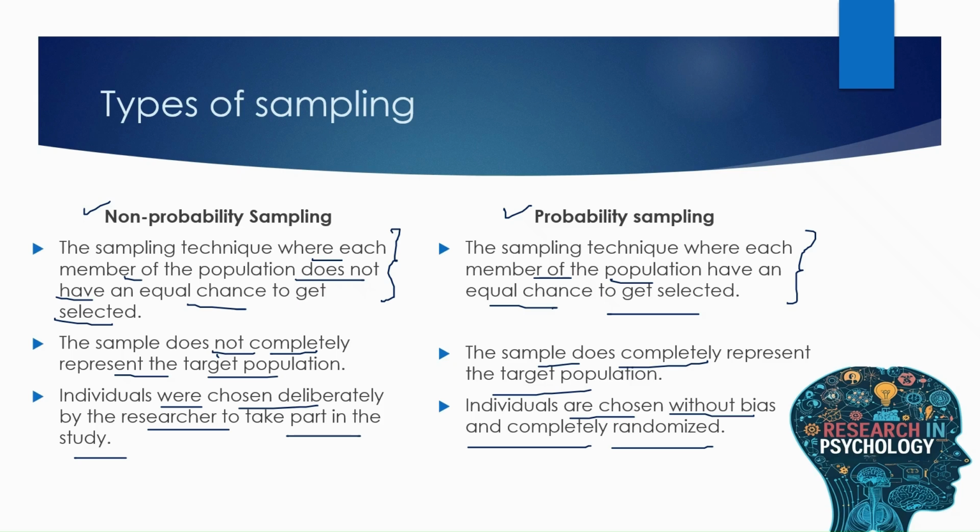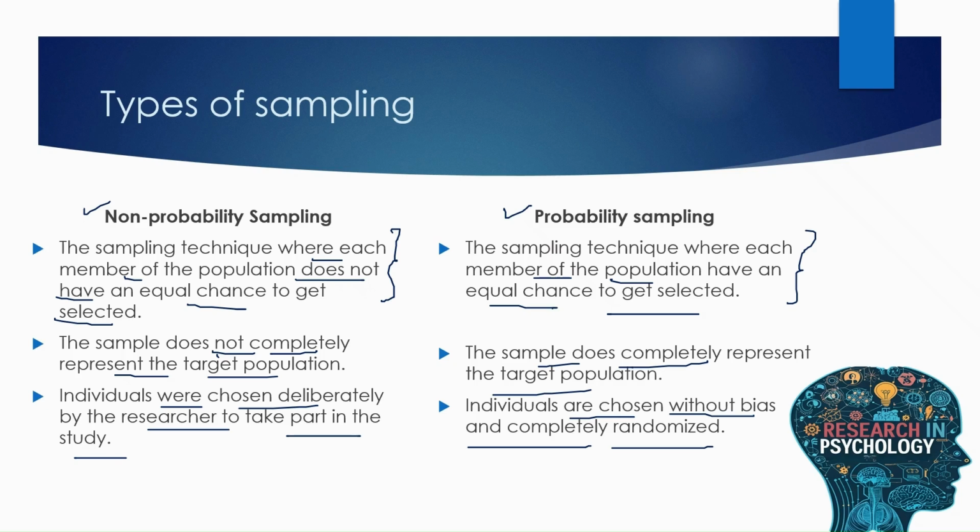But I don't want to put all that effort. So what I'm going to do is I'll just choose people who I know from the university and ask them to be a part of my study. So what happens now? I am using a bias or maybe my convenience. So I'm deliberately choosing certain individuals over others, in which case I am using non-probability sampling, right?